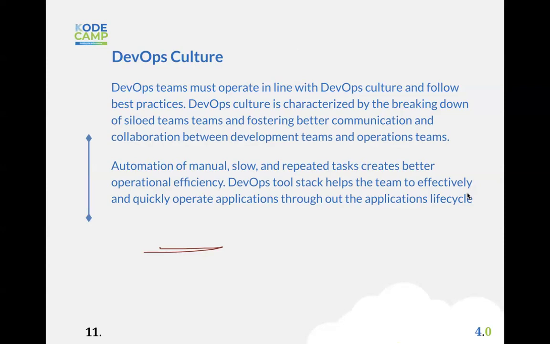Okay. So the DevOps culture involves the practices and the mindset that is followed when working in a team that is implementing DevOps. It includes things like automation, breaking down of silos between teams, collaboration, automated deployment, automated testing, automated delivery.